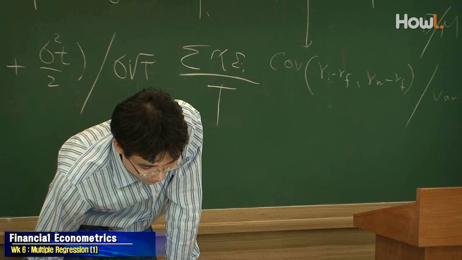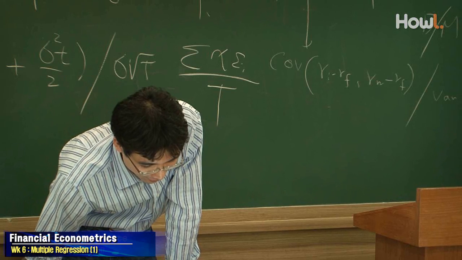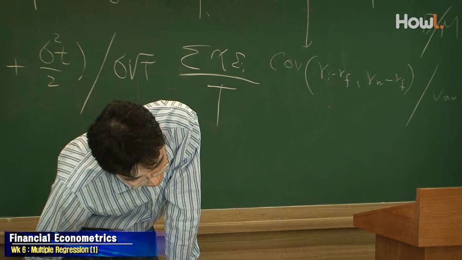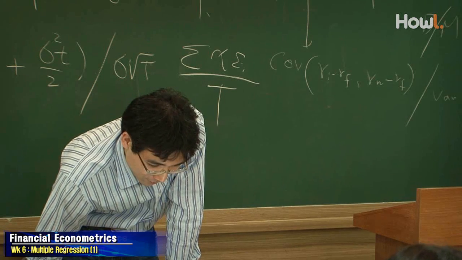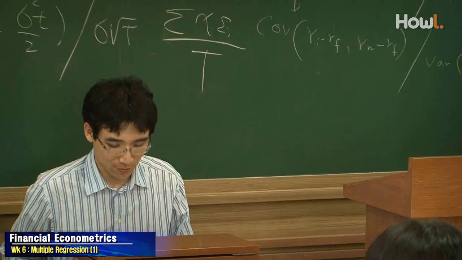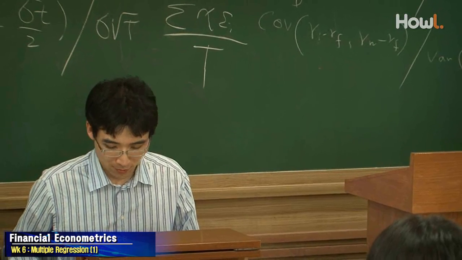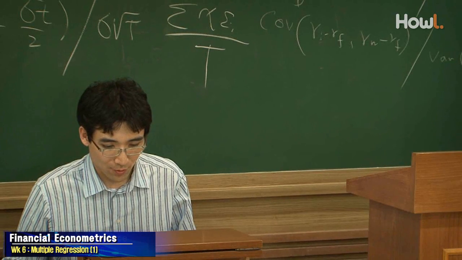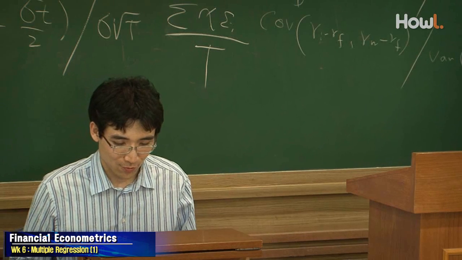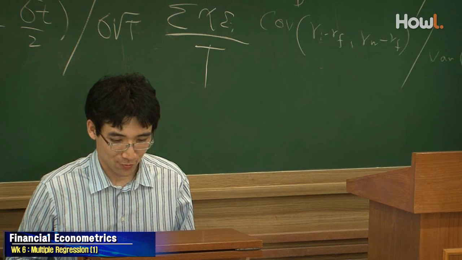So, oops, y hat looks like this. Epsilon is y minus y hat. Solve. S2. S2.